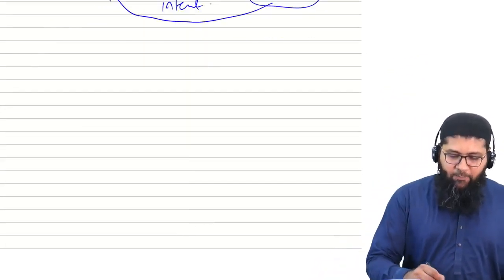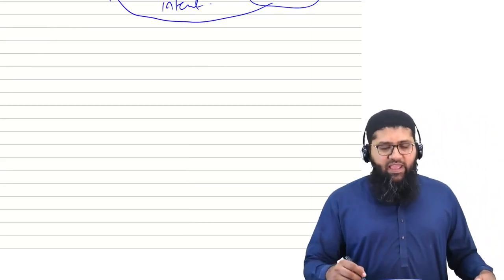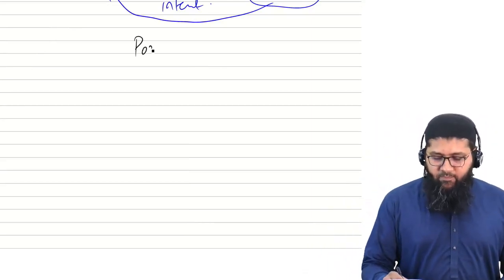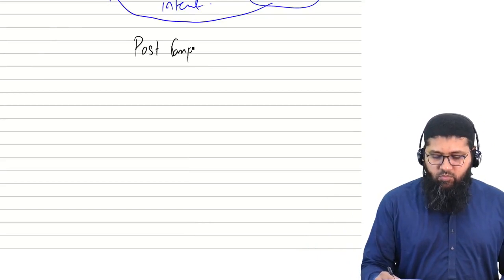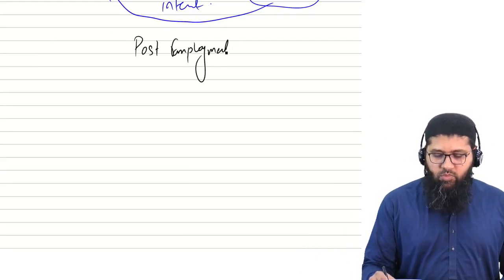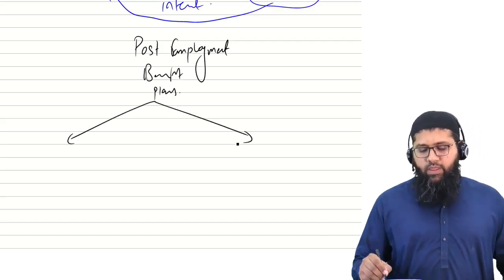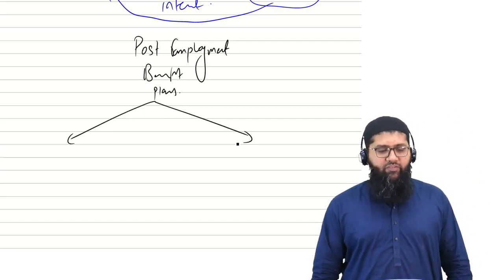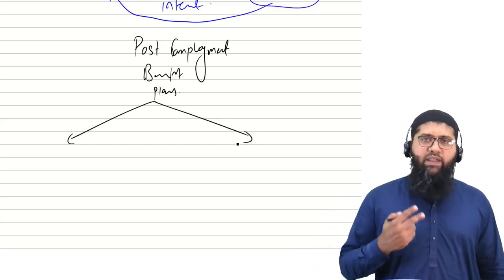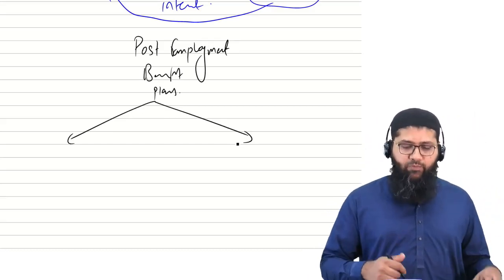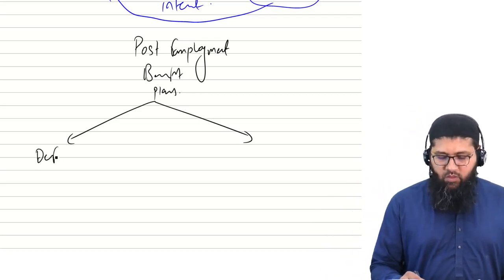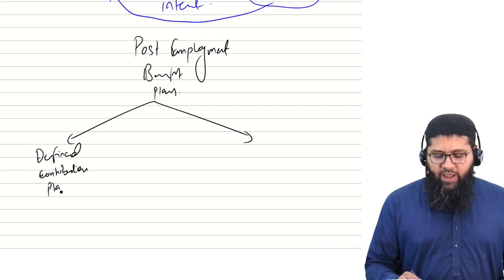Okay, now IAS 19 says that post-employment benefit plans are of two types. What are those two types?